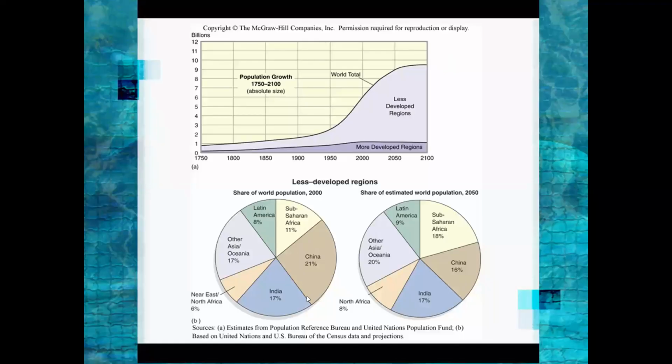In 2000, the biggest share of world population was China. But according to the estimations for 2050, the highest proportion may be in Asia, other Asia and Oceania region.